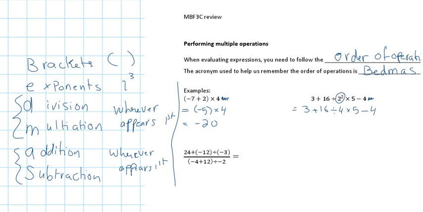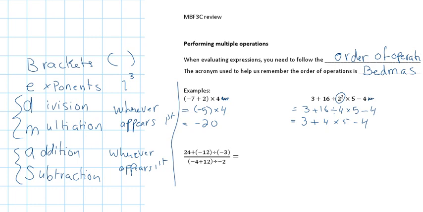So that is going to be 3 plus 16 divided by 4, so that's 4 times 5 minus 4. Okay? So you see that I have 3 plus 16, then divided by 4 times 5 minus 4.